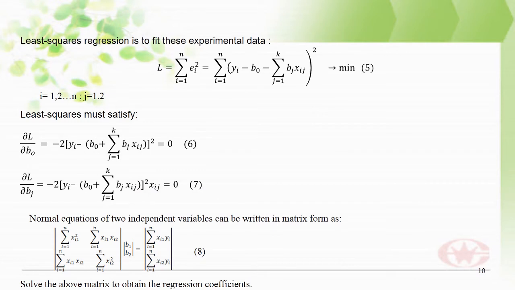A regression requires choosing coefficients B0, B1, and B2 such that the sum of squared residuals is a minimum. We differentiate the equation with respect to the model parameters B0, B1, and B2 and set them equal to 0.